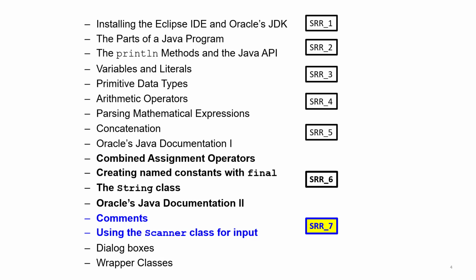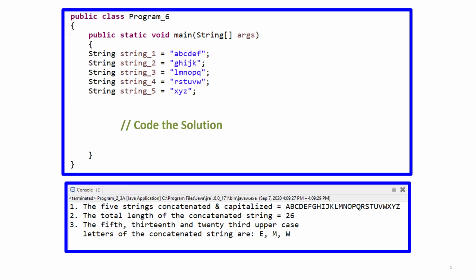But before we begin, let's review the solution to the programming problem assigned at the end of Lecture 6. This was the problem description for Program 6, which simply requires you to declare 5 text strings, and actually they could be composed of any combination of the alphabetic characters on your keyboard.